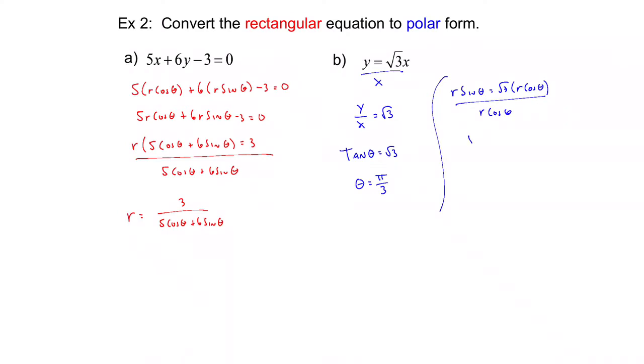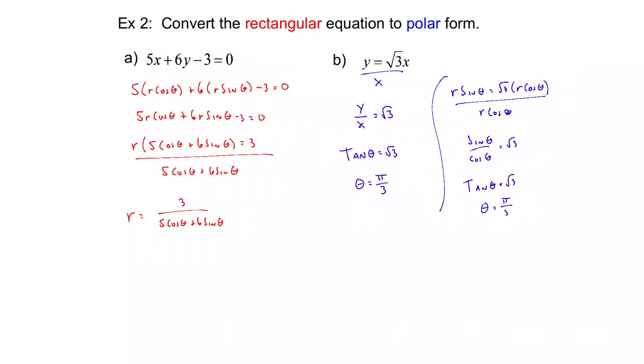The r's would have canceled to leave you with sine of theta divided by cosine of theta, and knowing that you have your quotient identity, sine over cosine is equal to tangent, so tangent of theta is equal to the square root of 3. So we're still left with theta is equal to pi over 3. So either way, you would get to the same end result.